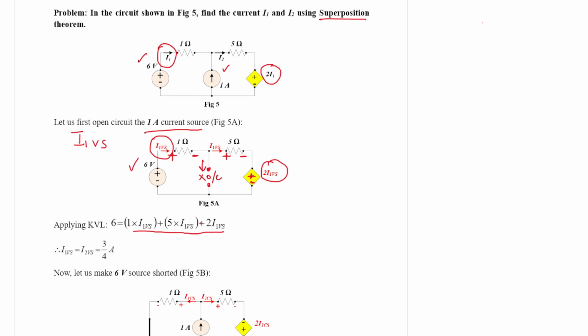In figure 5a, the current flowing through the 1 ohm resistance is I1 Vs, so the magnitude becomes 2I1 Vs. The KVL equation is 1 into I1 Vs plus 5 into I1 Vs plus 2 into I1 Vs. If you solve this, I1 Vs will be 3 by 4 ampere.